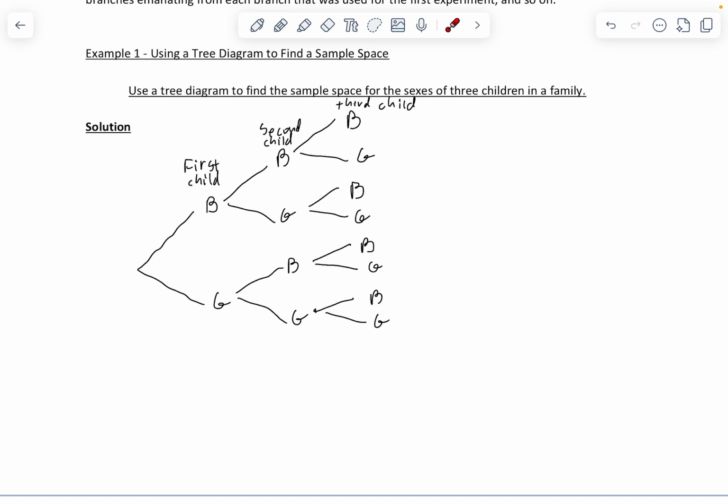So we'd start at the top and just go through all the topmost branches. B, B, B, or boy, boy, boy. Right, so that's one possibility, is 3 boys. Then you could have boy, boy, girl, right? 2 boys followed by a girl.